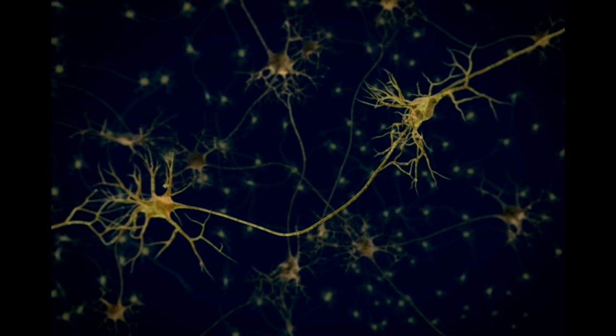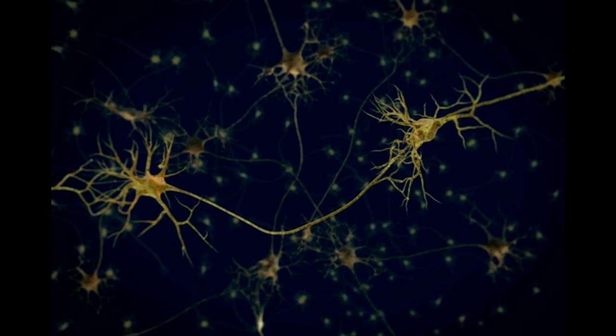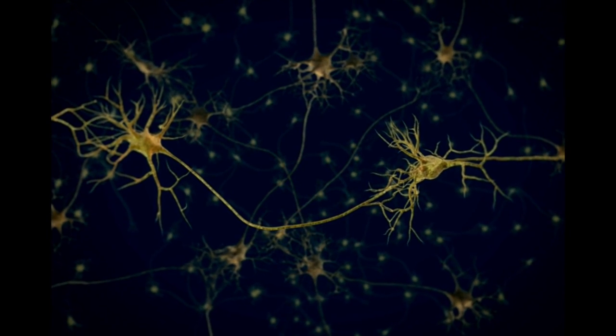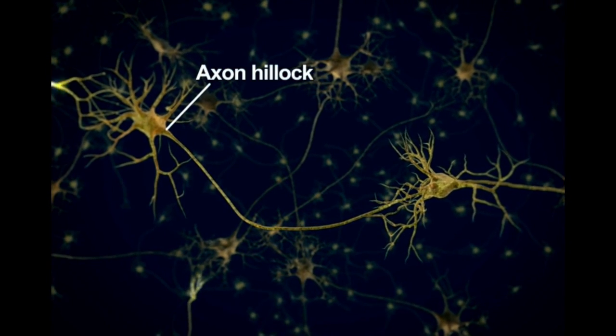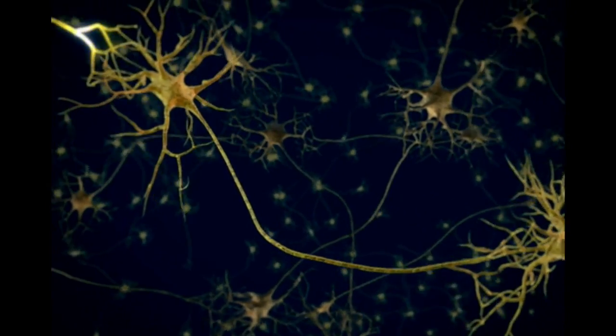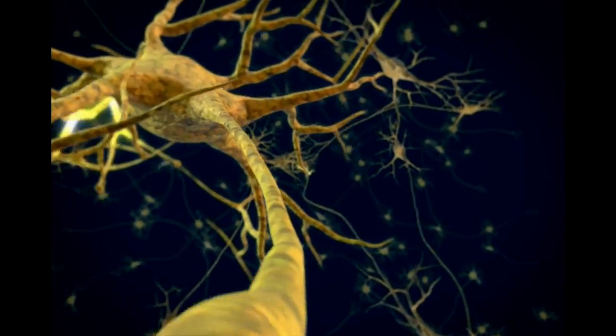Neurons send signals over long distances by generating and propagating action potentials. Most action potentials originate near the axon hillock of the cell body, in the initial segment of the axon. It then travels the entire length of the axon.